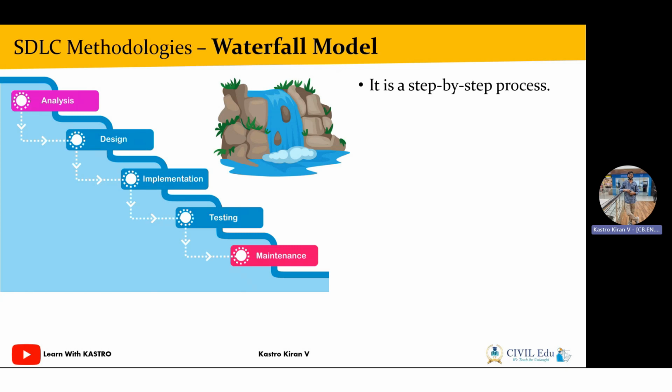Now here, there comes a problem. As I was telling, it's basically a step-by-step process. Let's say that you are working as one of the members for a particular project. Now you have completed the analysis phase and you have completed the design phase.